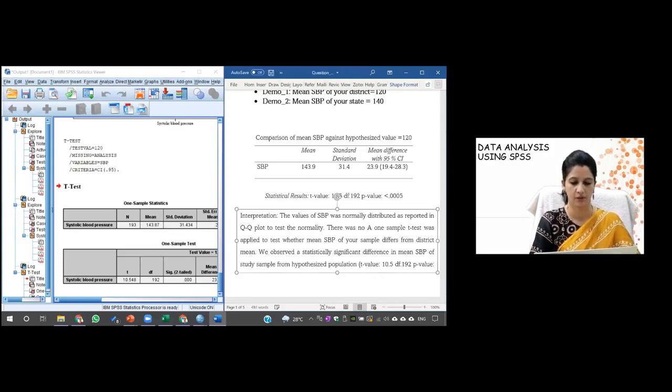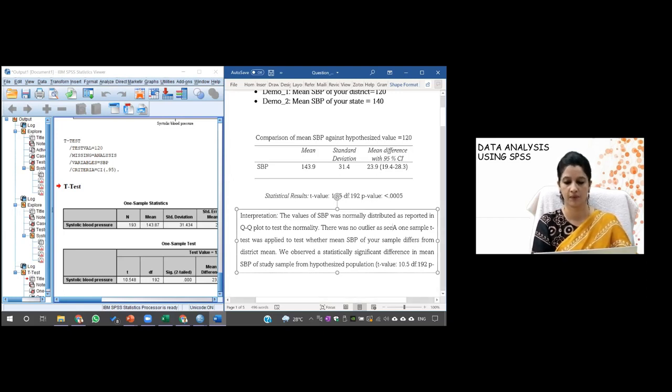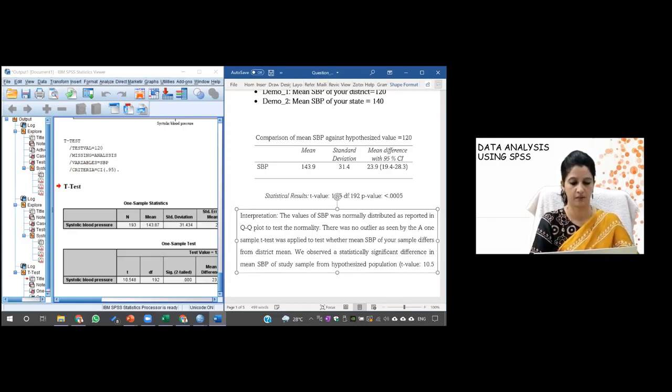There was no outlier as seen by the visual inspection of the box plot.